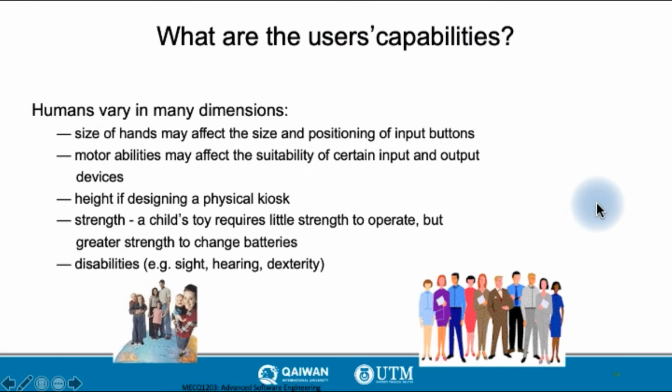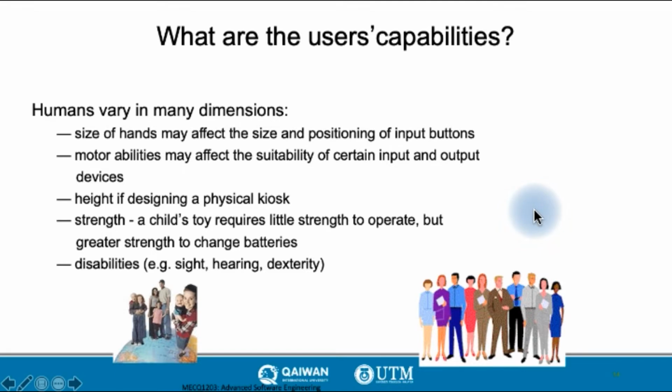What are the users' capabilities? Humans vary in many dimensions. For example, if I want to develop a phone with a big screen or a small screen, and I come out with a small screen, some people have big hands, so it will not be comfortable to use a small screen.